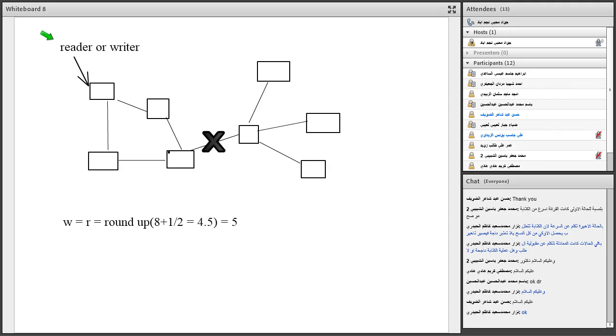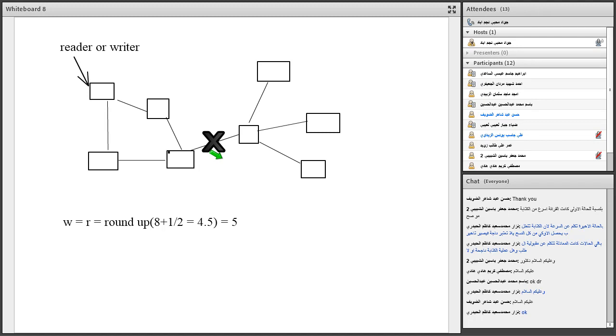Any write request from the reader or writer can be sent to only 4 machines, not 5 machines, because the connection between them is cut off. So none of the read or write requests can succeed.